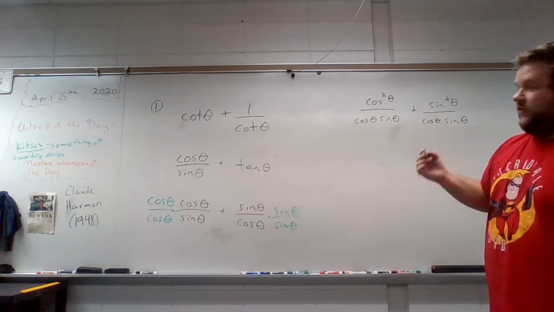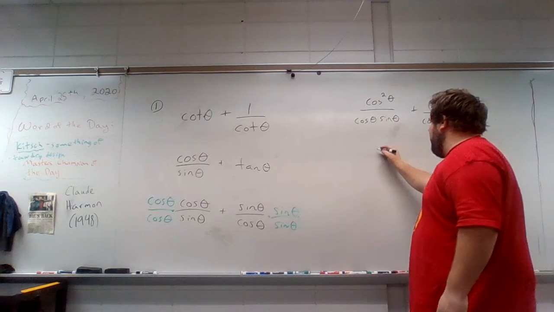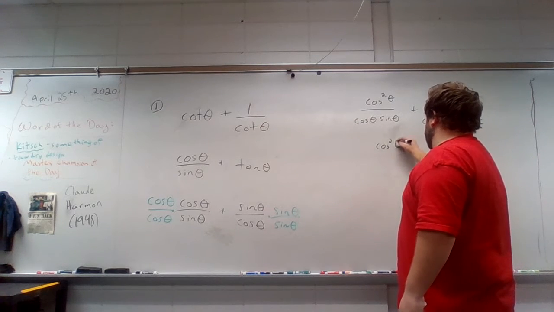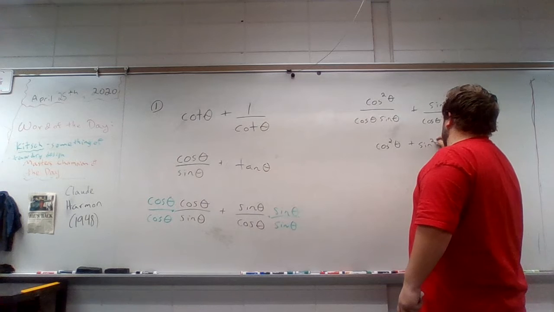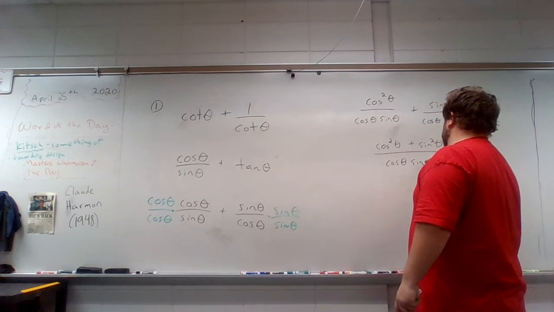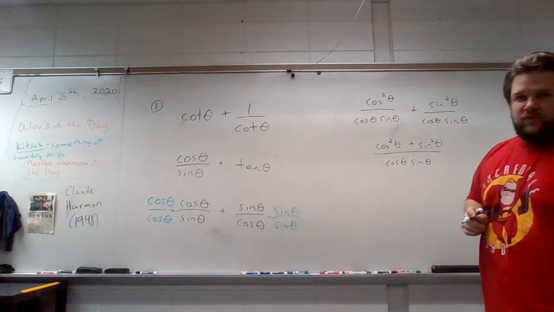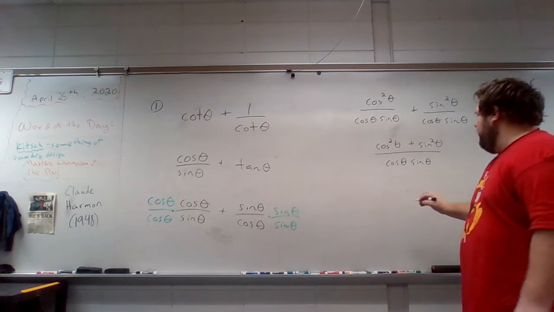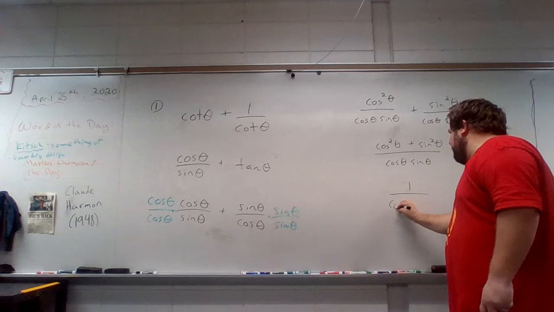Then I add those fractions together, so what I've got is cosine squared plus sine squared over cosine times sine. Of course, we know that cosine squared plus sine squared is just 1, so I got 1 over cosine times sine.